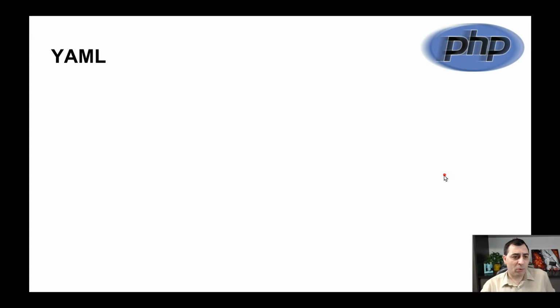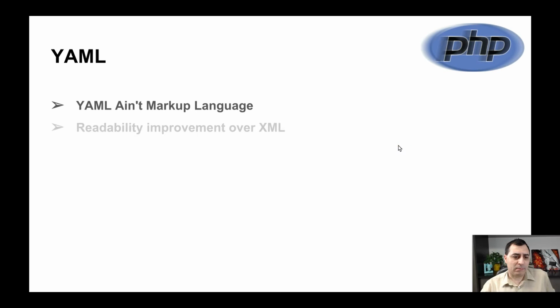Now let's move on to a format that is not so well known among PHP developers, but it has been used by many libraries, many frameworks, so many of you may be familiar with it. YAML means YAML ain't markup language. It's somehow an improvement over XML because it is more readable.